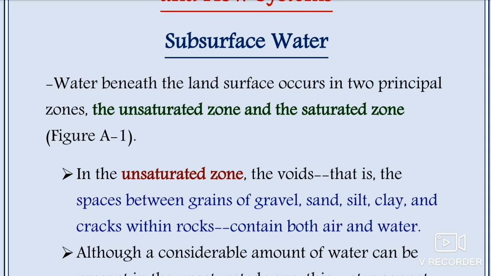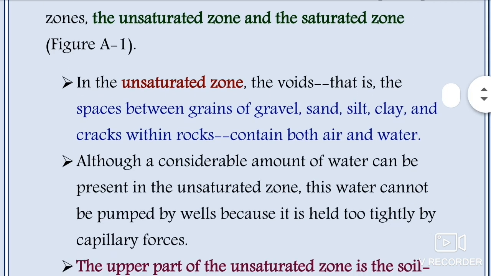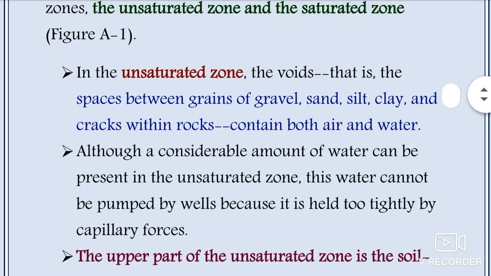We are not going into the detail, but if we talk about only the basic part, in the unsaturated zone the voids, that is the space between grains of gravel, sand, silt and clay, and some cracks in rocks, contain both air and water. The zone of aeration extends from the ground surface down to the capillary fringe.